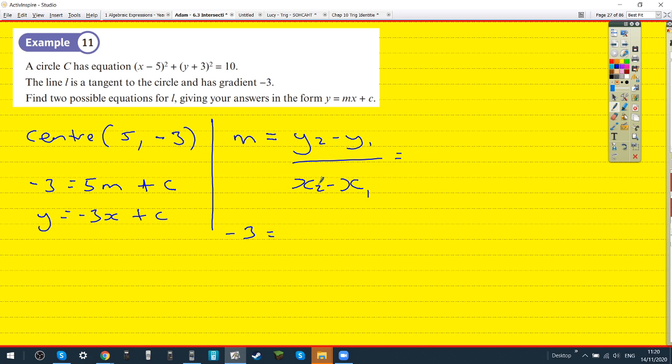So we have y plus 3 over x minus 5. We have to find x and y. Let's try to make y the subject.